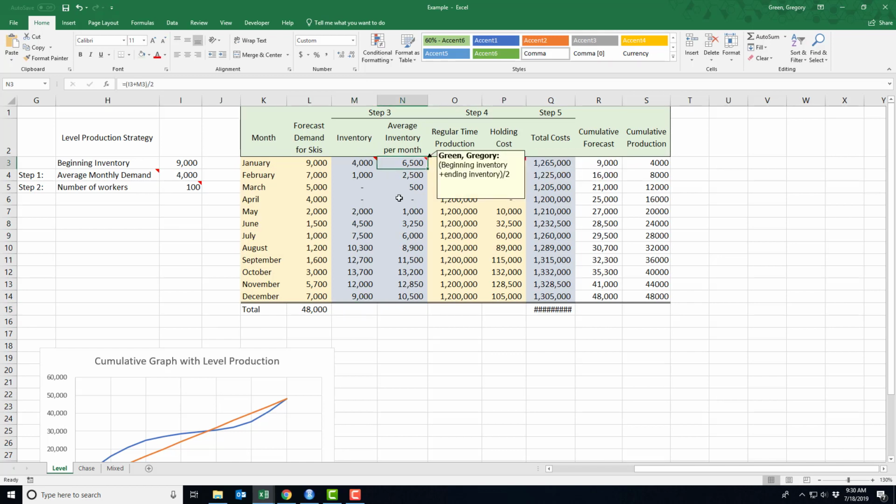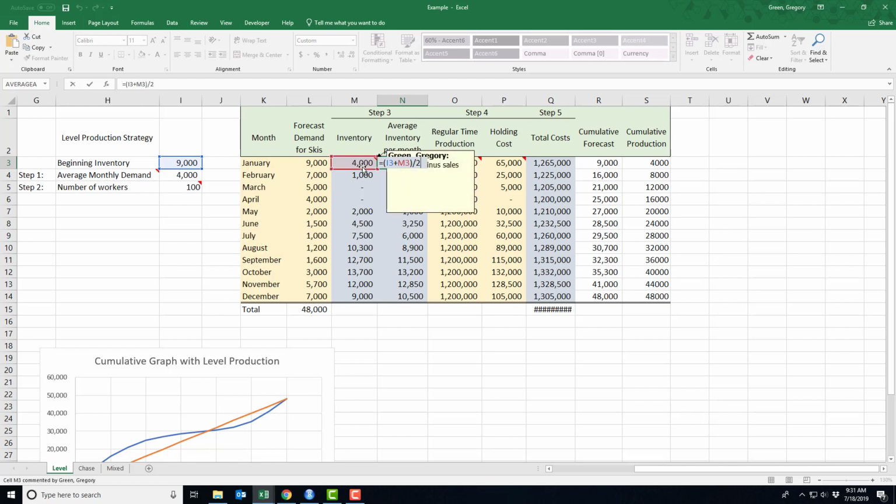But in step 3, I also need this average inventory per month. Now, the average inventory per month is the inventory at the start plus the inventory at the end divided by 2. So for the month of January, that would be 9,000 starting inventory plus 4,000 the ending inventory divided by 2.